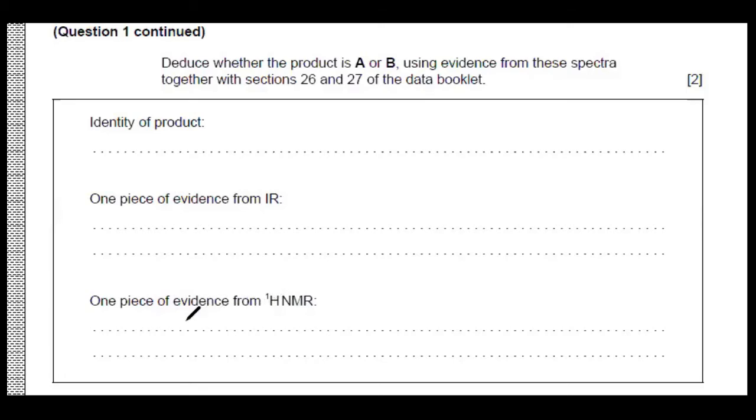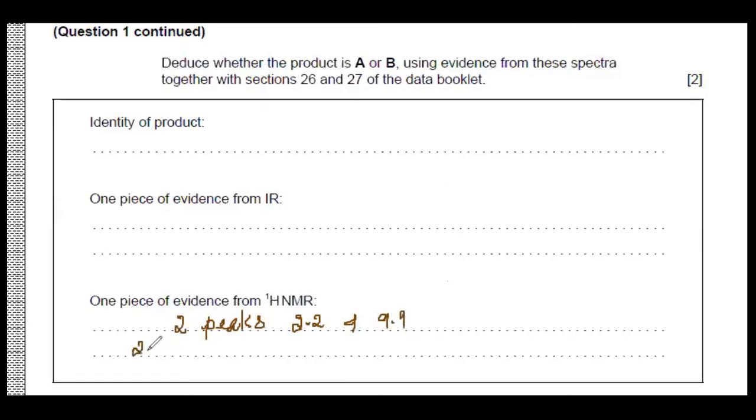So in H1 NMR, there were two peaks, one around 2.2 and another one around 9.9.